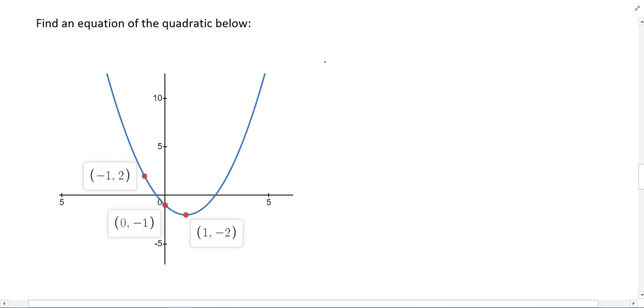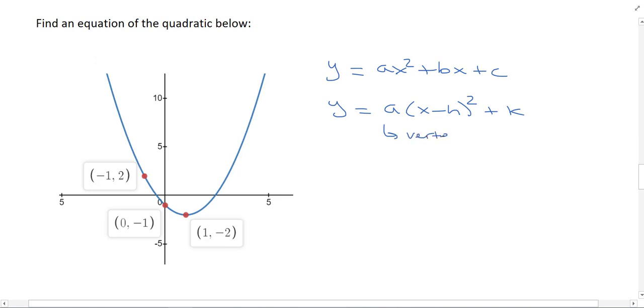Our general equations of the parabola are: we have y equals ax squared plus bx plus c. That's the standard form of a quadratic, but we can also use the vertex form, which is a(x minus h) squared plus k. Okay, this is the vertex form because it gives us the vertex. The vertex is the point h comma k, the opposite of whatever is in there.